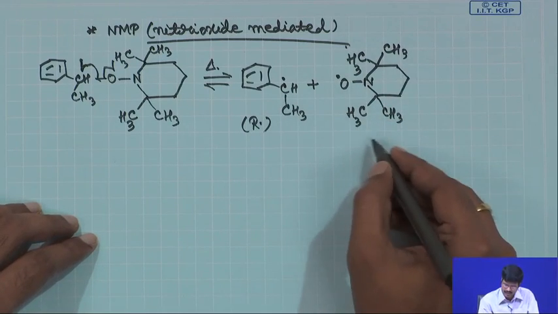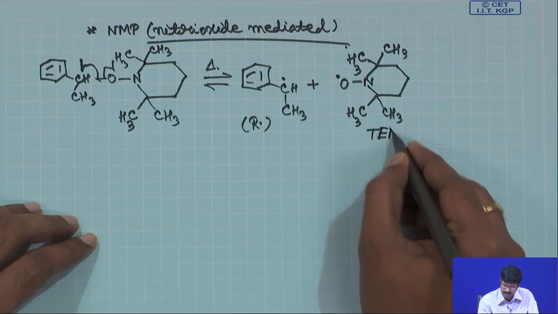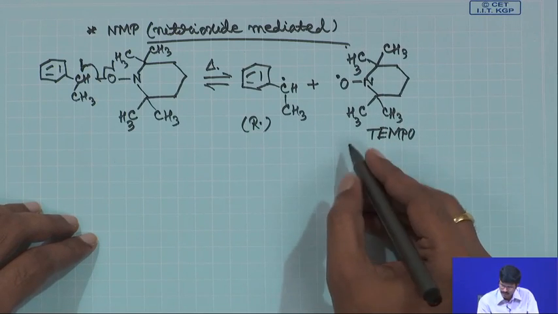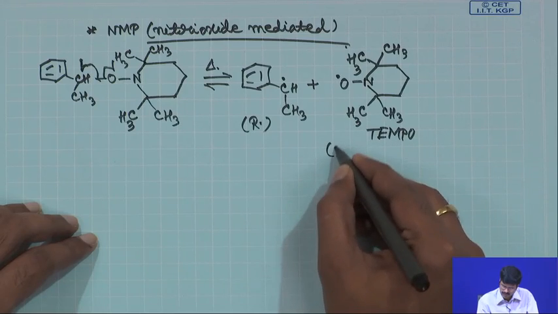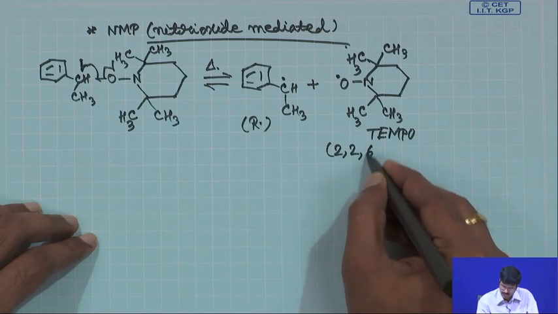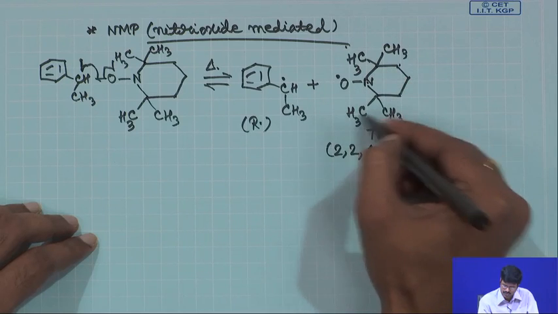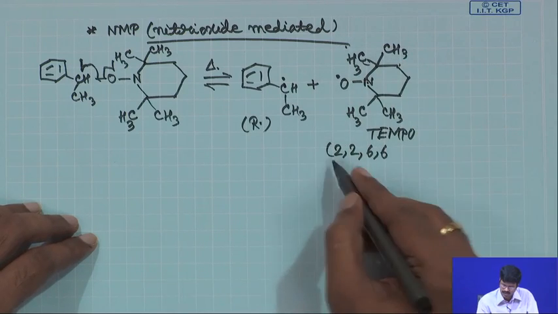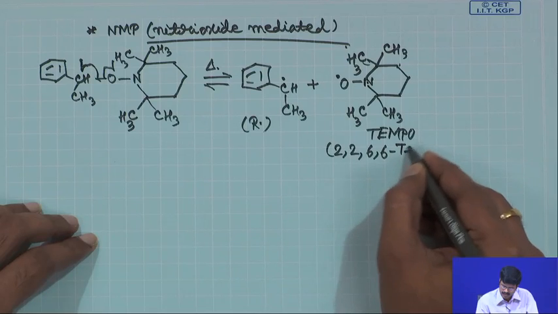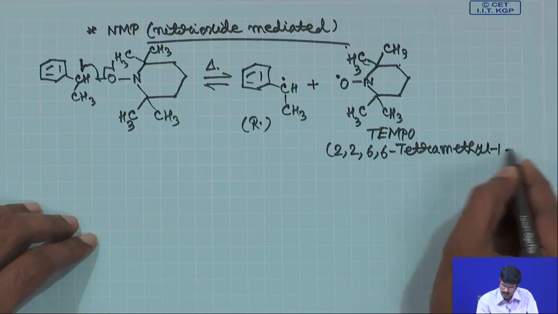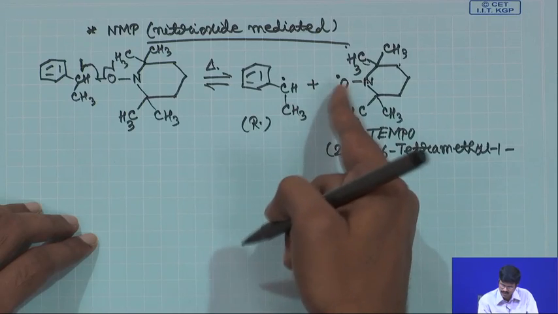This specific radical has a name, TEMPO. You may hear this name, this is a very well known name. So, basically this radical is 2,2,6,6. So, this is position 1, 2, 3, 4, 5, 6. So, position 2 has two methyls, position 6 has two methyls, 2,2,6,6-tetramethyl-1. So, at position 1 you have the oxygen radical.